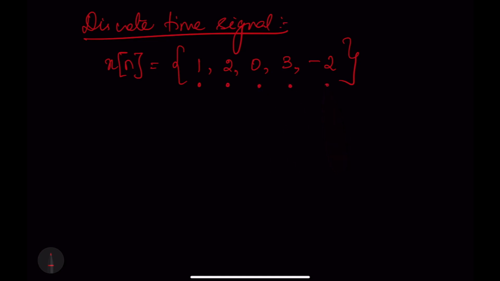So for that representation, an arrow mark will be given when a sequence is given like this. So this arrow mark indicates the 0th position of the signal.